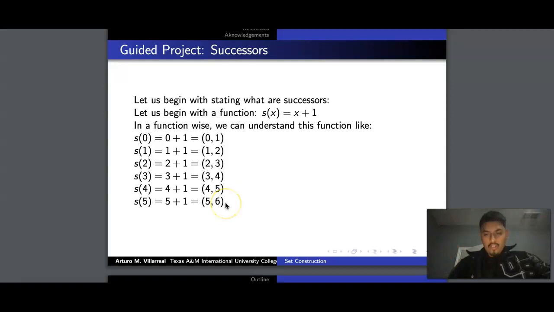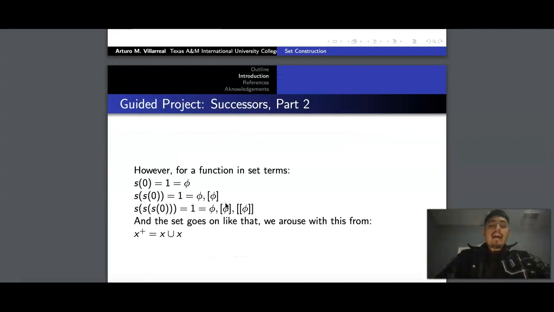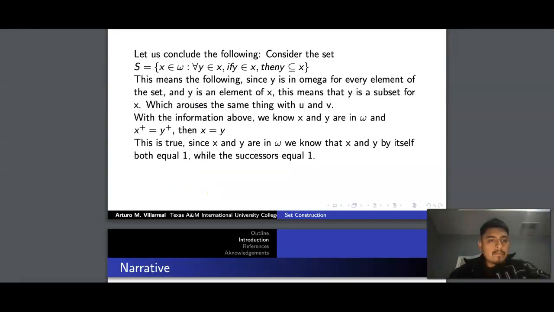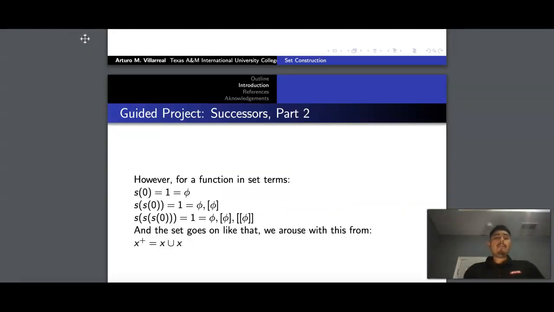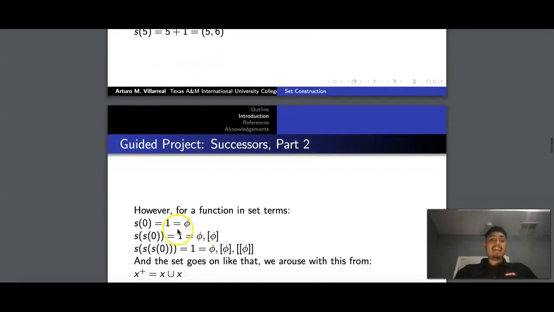Let me give you a little bit more detail. At S(0) we have 1, but in set construction, meaning set theory, this is the same thing as saying this. However, this is numbers, and this is sets and elements.